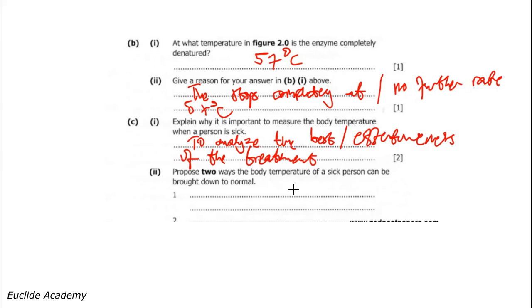C2, propose 2 ways the body temperature of a sick person can be brought down to normal. How do you bring a temperature back to normal? You can stay in bed and rest. If your temperature is high and you are exerting more or doing more things, the temperature can go higher.